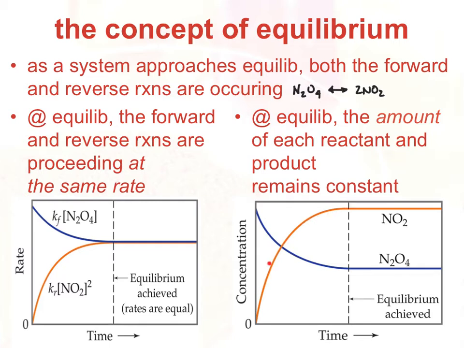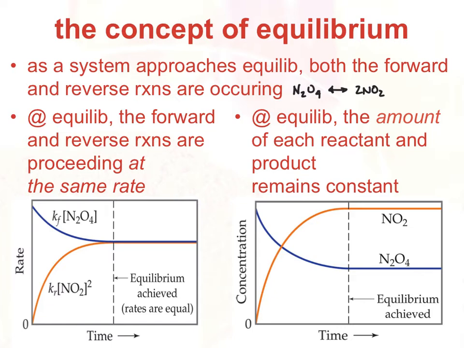Now, what I want you guys to notice is that as the reaction progresses and we reach equilibrium, we get to the point where the concentration of products is going to be maintained throughout the reaction progression. So basically, as long as equilibrium is maintained in the system, the concentration of our product NO2 is going to remain the same. The same thing is true for our reactant. Its concentration at equilibrium is going to remain the same.